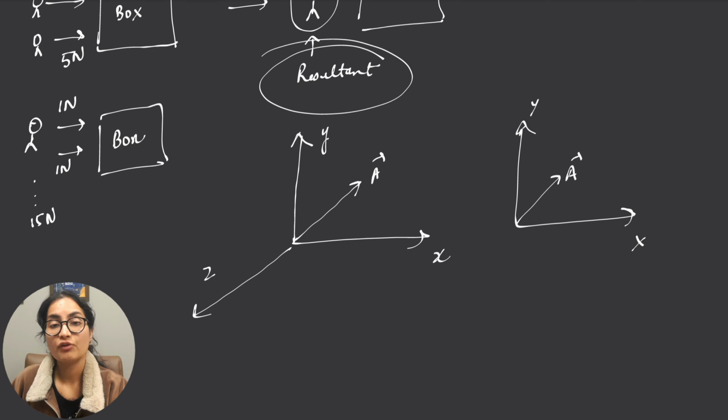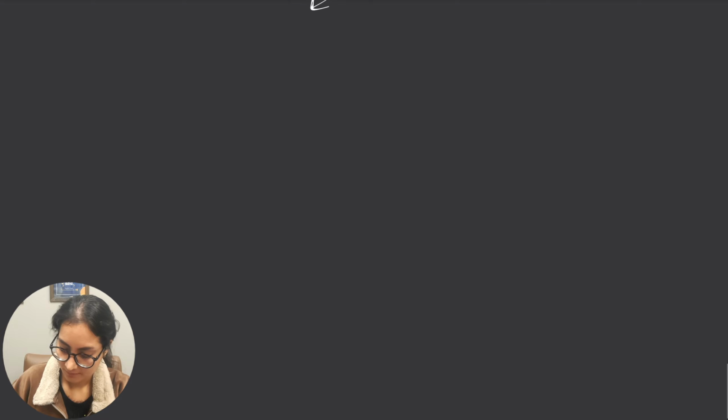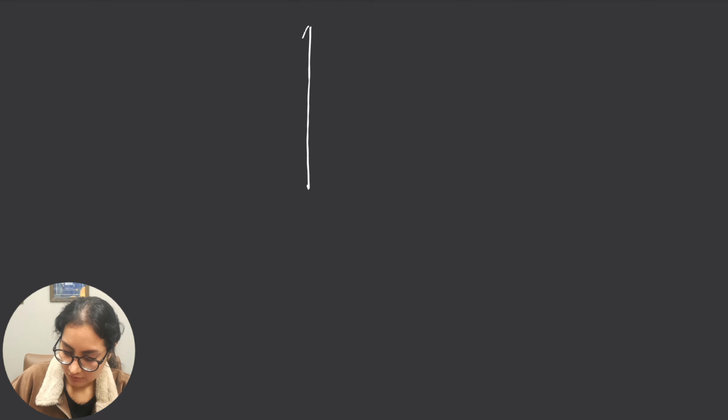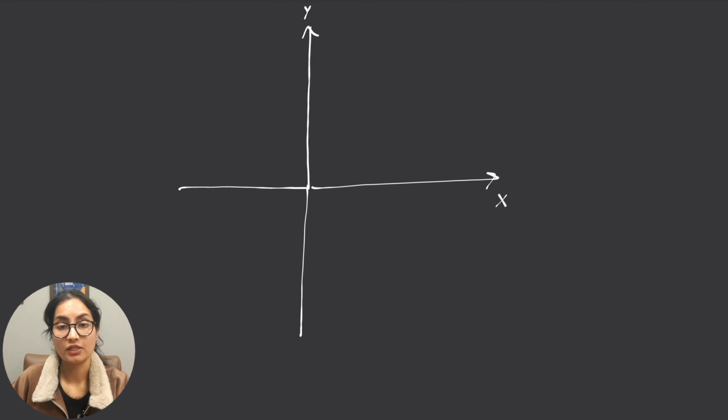So the maximum number of components a vector can have is 3 if it's in 3 dimensions, and if it's in 2 dimensions, the maximum number of components, specifically rectangular components, it can have is 2. So let's study how we resolve a vector into its components. Let's study x and y for now, and then we can generalize that vector into its 3 components.